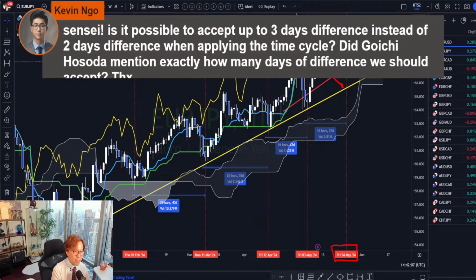Kevin says, is it possible to accept up to 3 days difference instead of 2 days difference when applying time cycles? Did Goichi Hosoda mention exactly how many days of difference we should accept? No, actually, he didn't really mention.